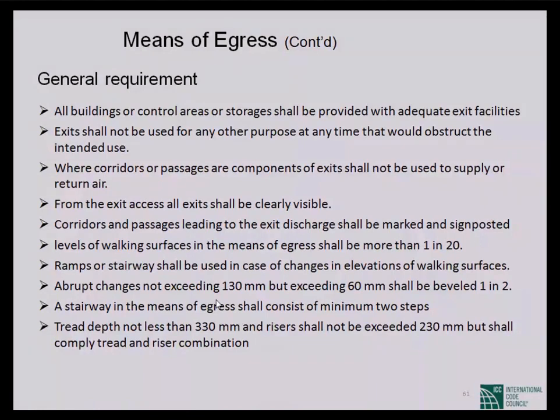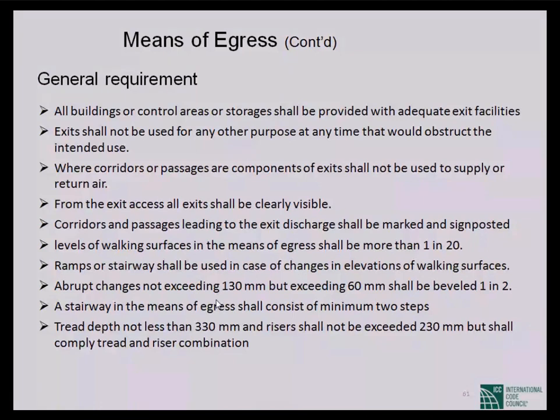Corridors and passages leading to the next exit discharge shall be marked and signposted. Levels of walking surface in the means of egress shall be 1:20. Ramps or stairways shall be used in case of change in elevation of walking surface.